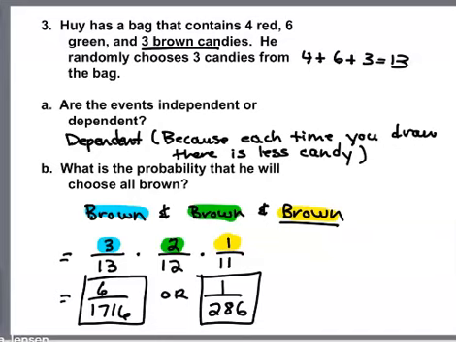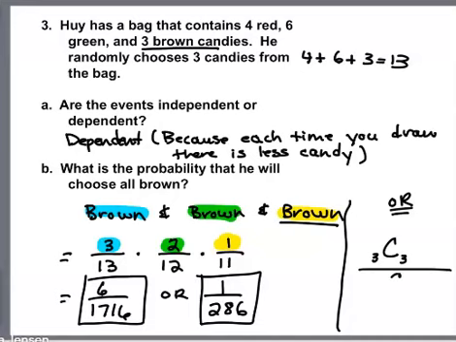All right. You could do this as a combination too, because really, if you think about it, what difference does it make if you pick one M&M, another M&M, a third M&M, or you just grab a group of 3? So we could have done it this way too. Out of 3 brown M&Ms, how many ways can we pick a group of 3 brown?